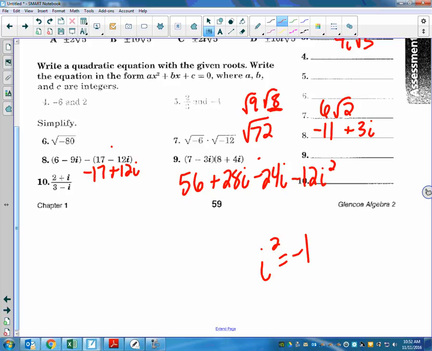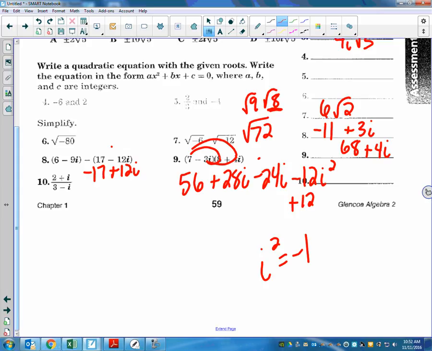FOIL, distributing, should feel pretty comfortable to you at this point. Then remember that i squared is negative 1, so that's going to become plus 12. So 56 plus 12 is 68, and 28i minus 24i is plus 4i.